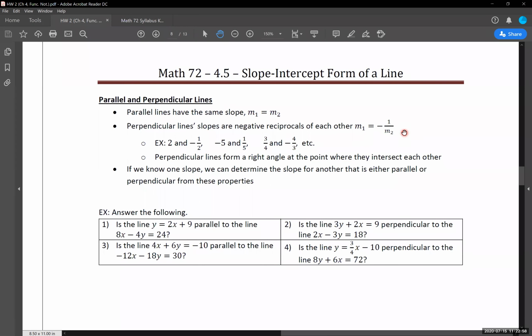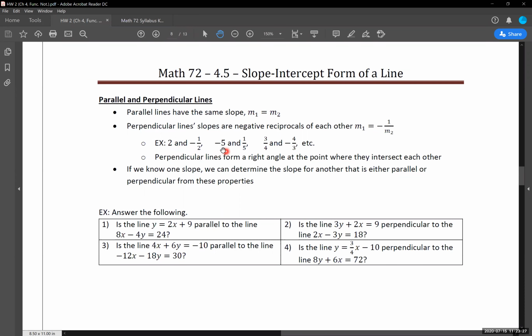Here are some numerical examples of the negative reciprocal, because I think it's worth seeing: 2 and negative 1/2. So I take the original number, I flip the fraction, and I change the sign. 2 is the same as saying 2 over 1. I flip that fraction, which gives me 1/2. And then I change the sign from a positive to a negative.